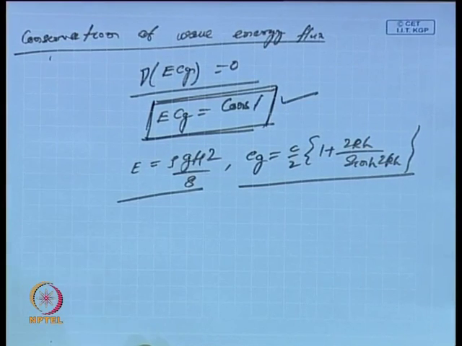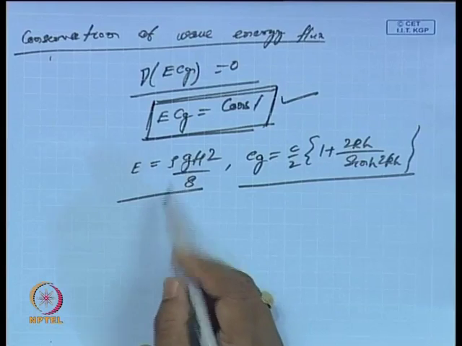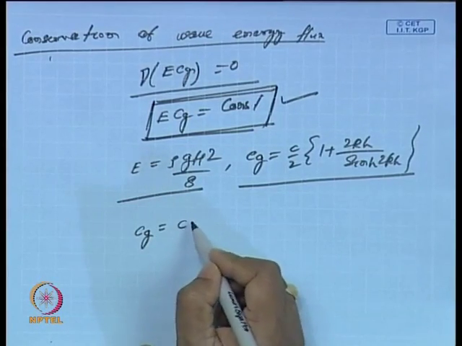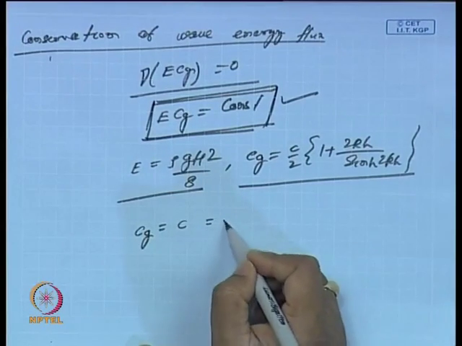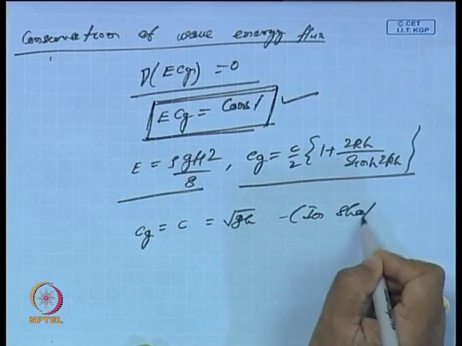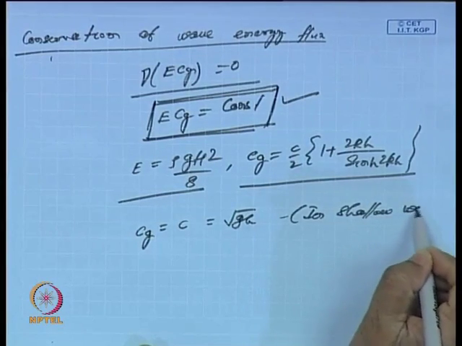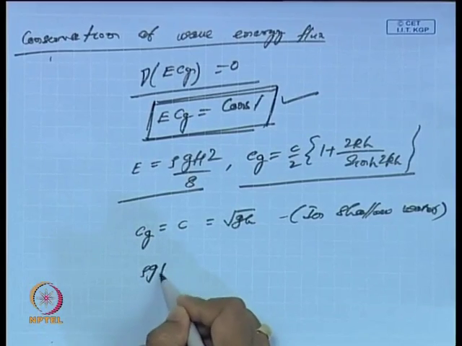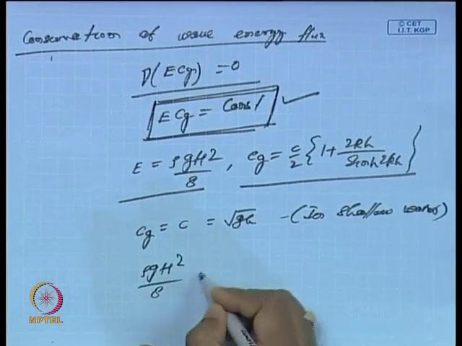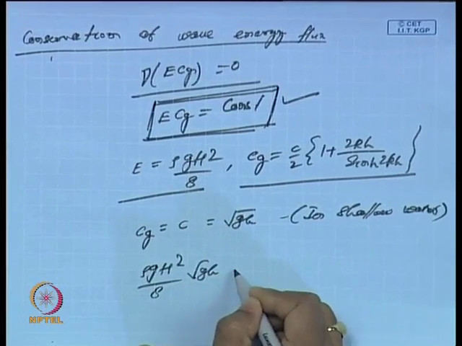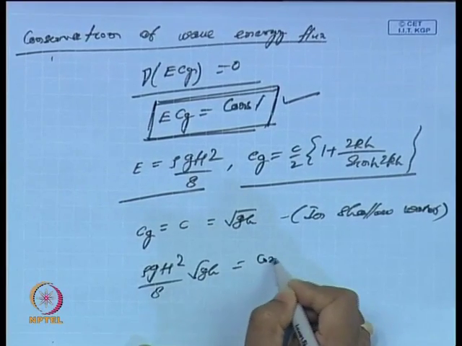And I will just say in brief what happens. Suppose C g is equal to C, and that too in case of shallow water. So, that is root g h. In case of shallow water, E is rho g h square by 8, into, if I put C g as root g h, that gives me constant.